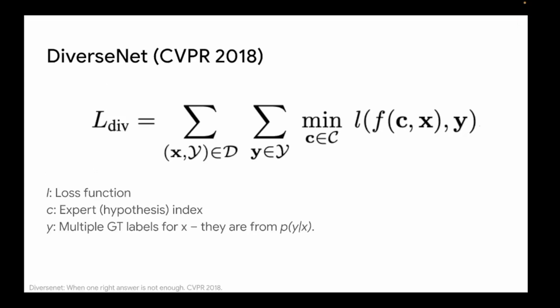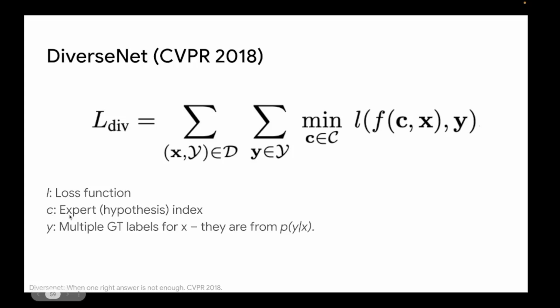Actually, this kind of log likelihood over mixture of Gaussian is not seen in many literature. As I said, I haven't seen such a formulation so much before, but the min loss comes out super frequently in literature. For example, here you see that this method called DiverseNet is using the minimum loss over experts.